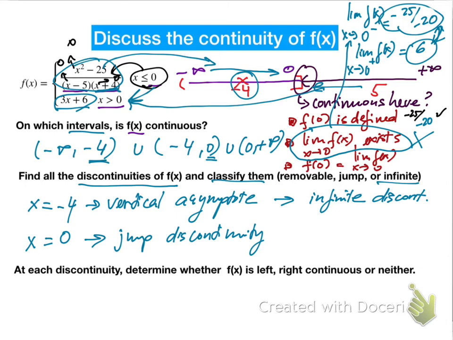And then the next question is, at each discontinuity, determine whether it is left continuous, right continuous, or neither. Again, when x equals negative 4, it is a vertical asymptote.